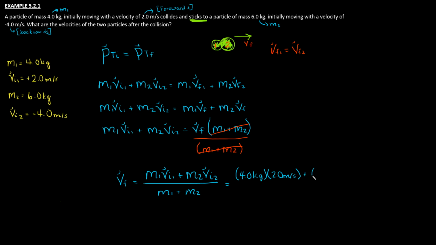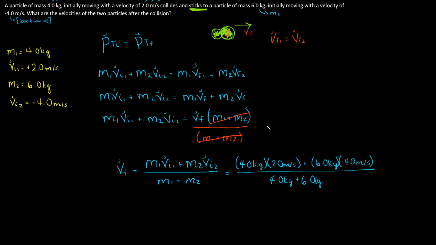We're adding that to our initial momentum of our second object, which is 6 kilograms times that negative 4 meters per second. And then that gets divided by our combined mass of 4 kilograms plus 6 kilograms.